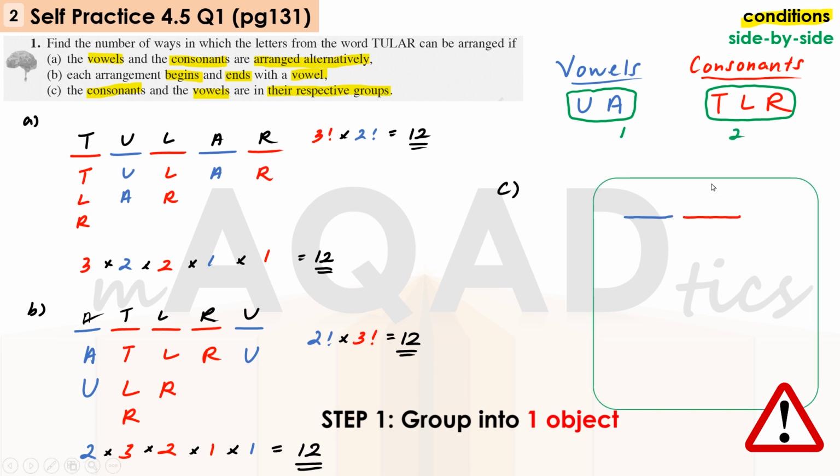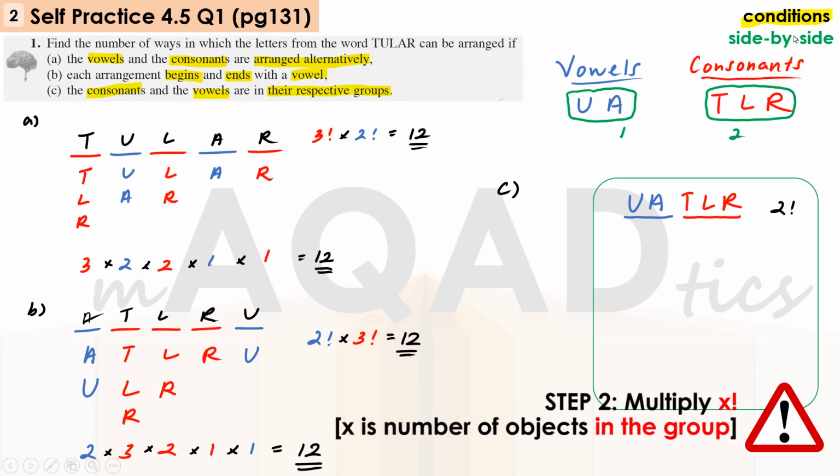To find the number of ways to arrange these 2 letters is 2 factorial, right? Because it's either vowel first, then consonant, or consonant, then vowels, since they are grouped together. The second thing for side by side is to multiply the factorial for each group. For the vowel group, we have 2 letters, so we multiply 2 factorial.